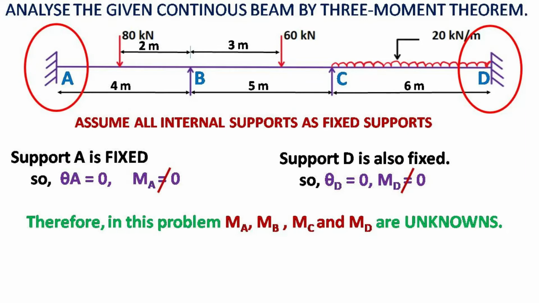By seeing the given beam we can say that end support A is fixed, so slope at A, that is theta A, is equal to 0, and moment at A, that is MA, is not equal to 0. Similarly end support D is also fixed, so theta D is equal to 0 and moment at D is not equal to 0. We have to remember that moment at A and moment at D are not equal to 0. By these inputs we are trying to solve the problem.